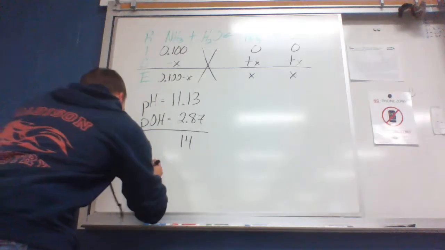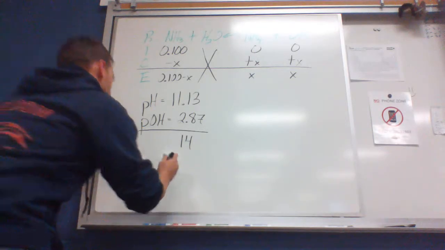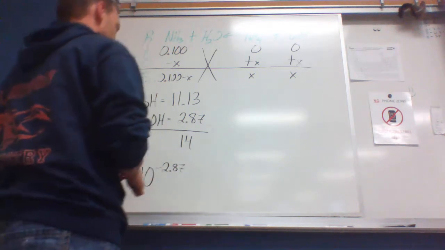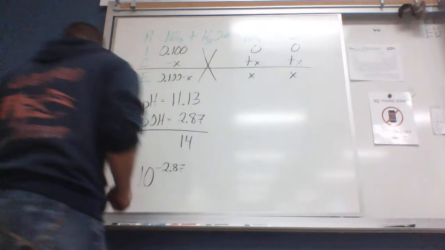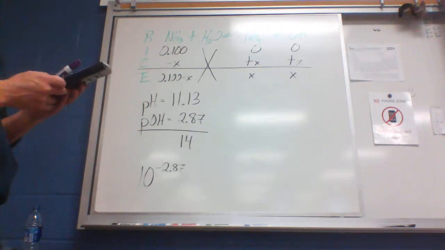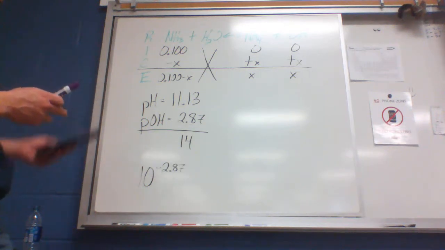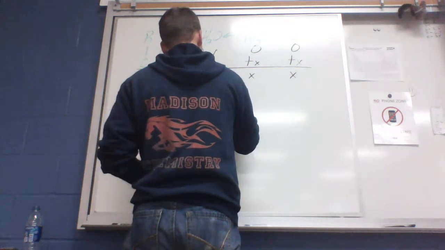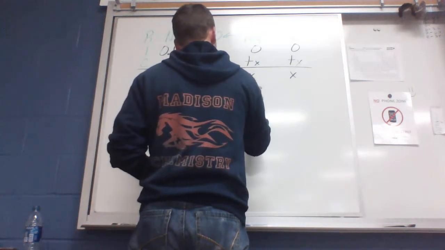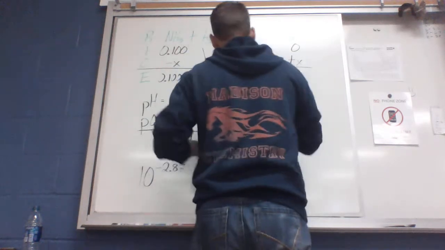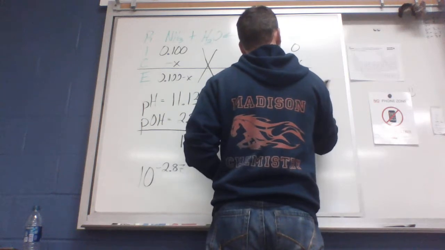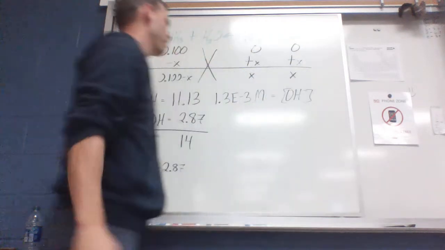Now, this is the value that we would want to use in order to get an OH, of course. So therefore, if we go 10 to the negative 2.87, I'm going to get 1.3 E negative 3 as my molarity for OH minus.